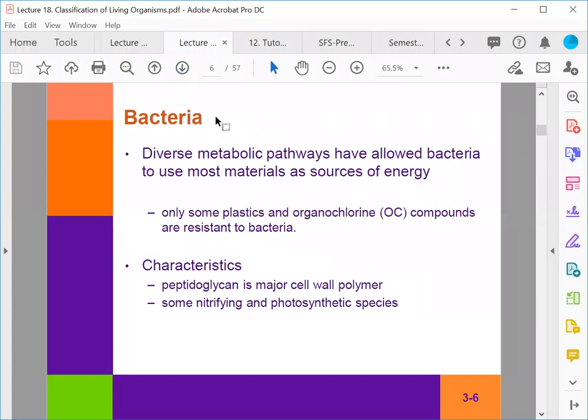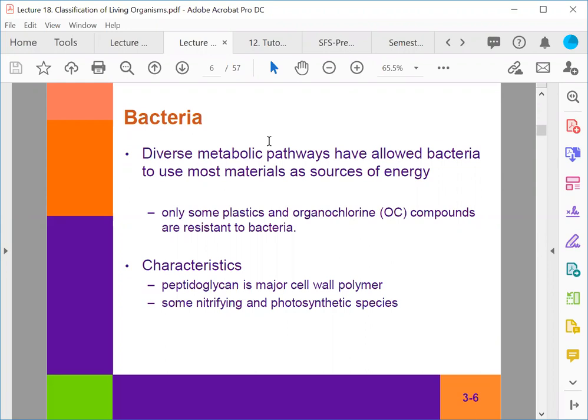All right, so let's start with bacteria. We'll look a little bit more closely. Bacteria are really incredible in terms of the diversity of their metabolic pathways. They've been shown to basically utilise just about every energy extraction method that's thought to be theoretically possible.